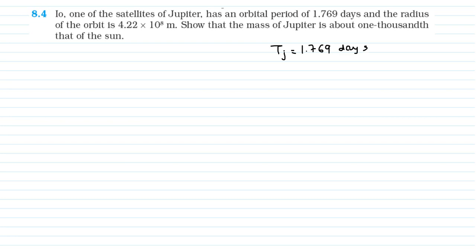Then you will convert it into seconds: 1 day is equal to 24 hours and 1 hour is equal to 3600 seconds. And the radius of the orbit, Rj, is 4.22 into 10 raised to 8 meter. Show that the mass of Jupiter is about 1/1000 that of the Sun.